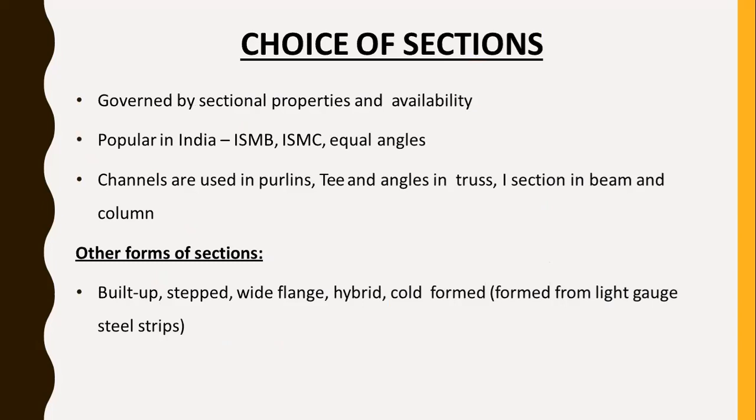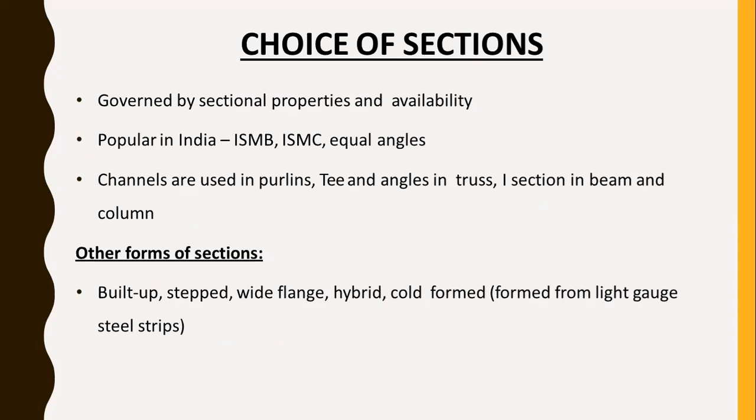The main thing is how you make the choice among these different types of sections, right? The main question is what type of section you choose to design the building, right? It is governed mainly by sectional properties and availability. The sections popular and most used in India are ISMB, ISMC, and equal angles, right?